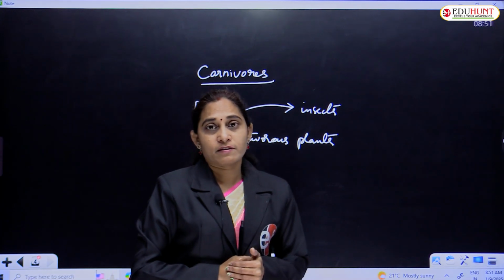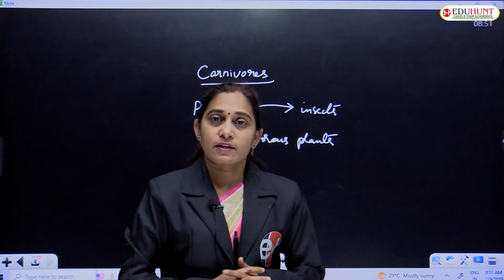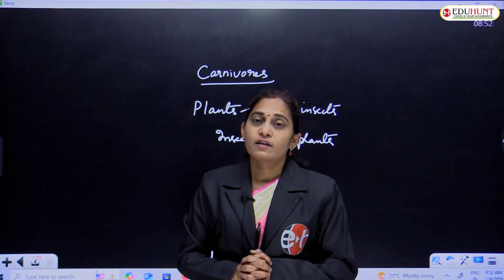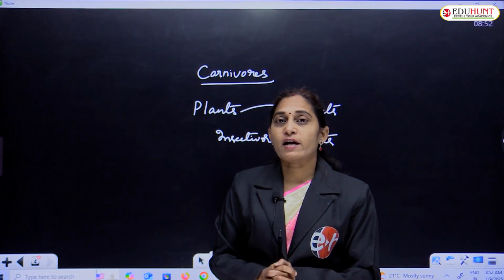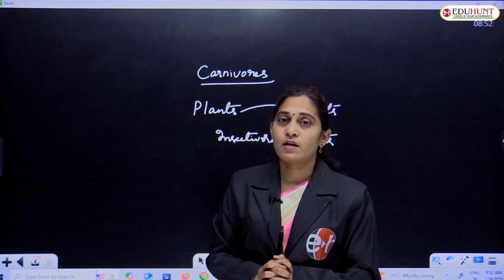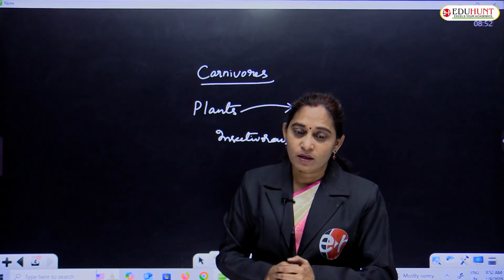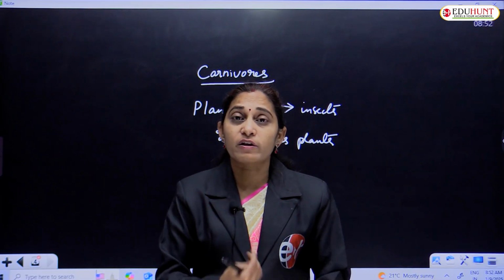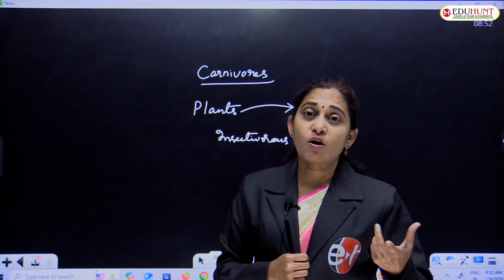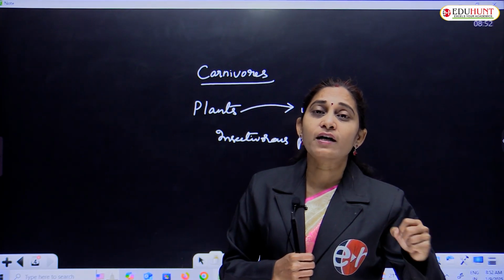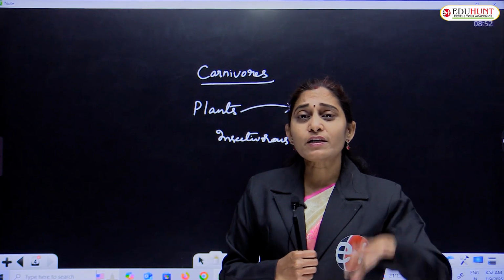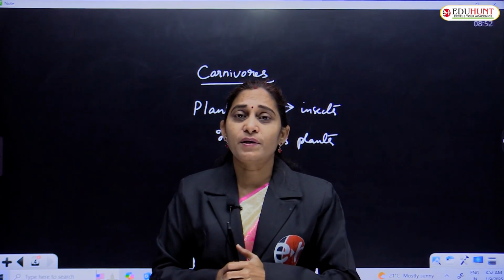Second type is, as we have mentioned, saprophytes. Saprophytes are the organisms which convert the organic complex molecules or materials into simpler ones. Without harming the organisms, because only after death they attack the organism, they convert the materials and take the simpler materials.